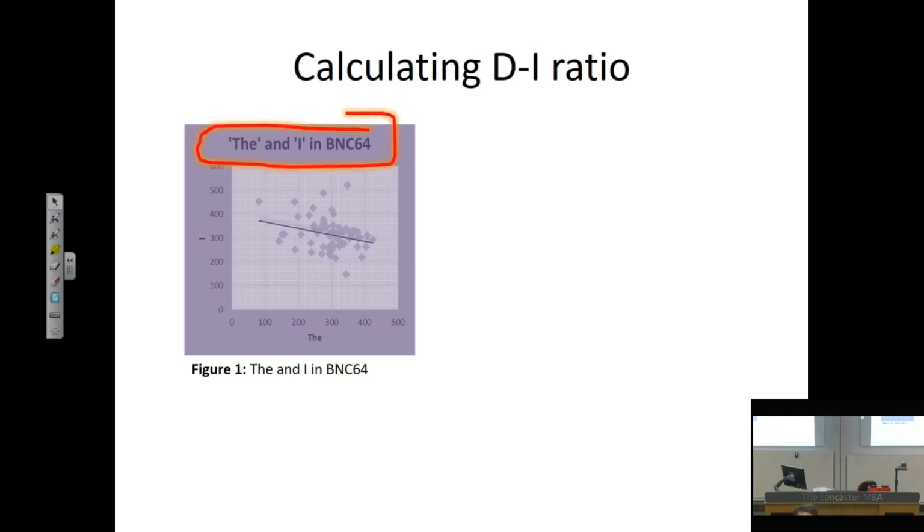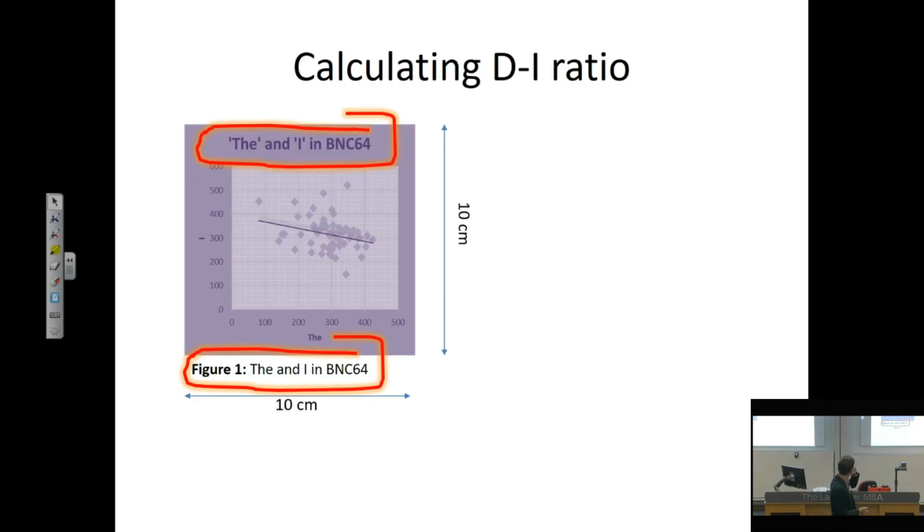Obviously, there's a bit of redundancy in the labels as well, and Excel would prompt you to put the graph title at the top, and then you would have the label of your figure in your research report. So again, that multiplies the redundancies. But when we just calculate the data-ink ratio, imagine that in a printed page, this would be about 10 by 10 centimeters, or so, a square, right?